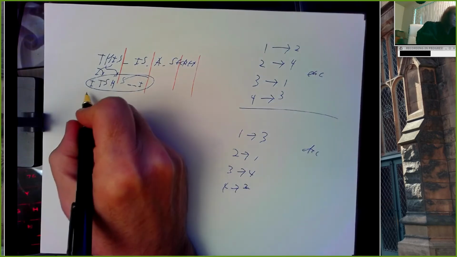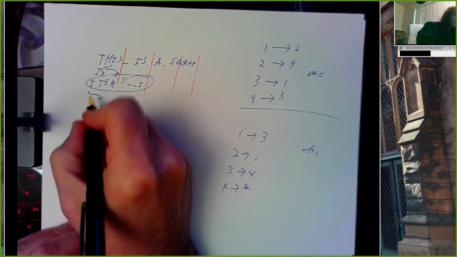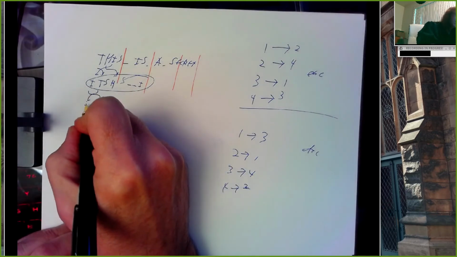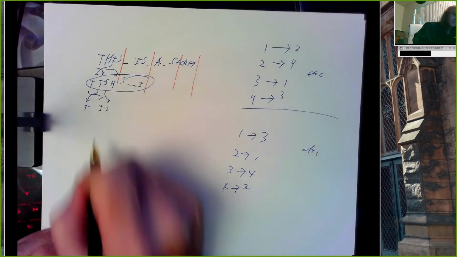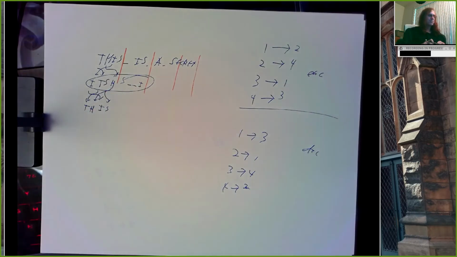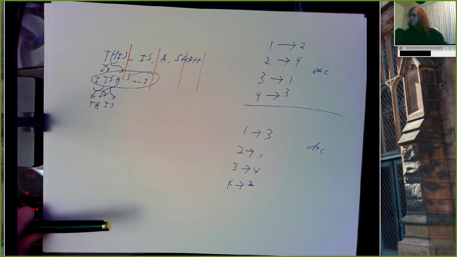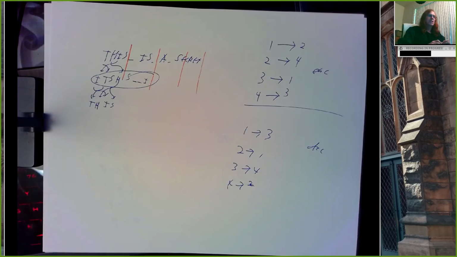So to decrypt, the first character goes to the 3rd position, the second character goes to the 1st position, the 3rd character goes to the 4th position, and the 4th character goes to the 2nd. And there's your decrypted text again. But not super secure.